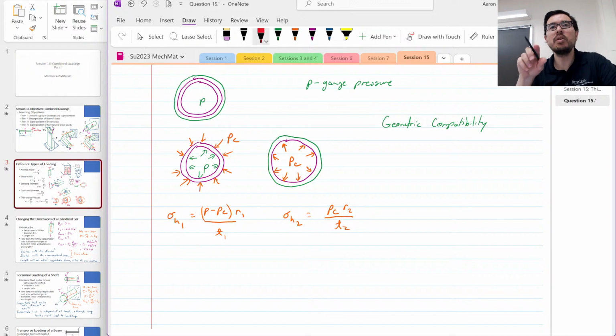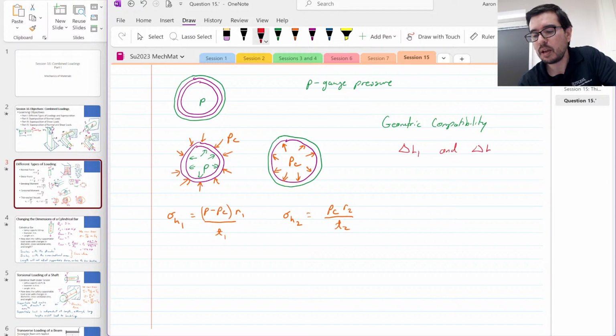So we're going to talk about the circumference. We'll call this delta L1 and delta L2, and these are circumferential.